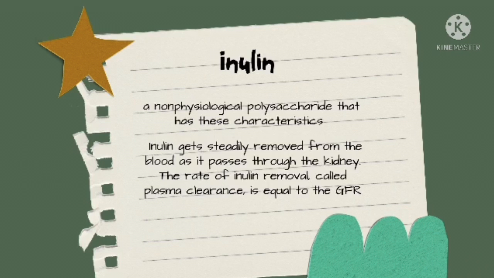As the filtrate forms, the filtrate has the same concentration of inulin as plasma. But as the filtrate flows through the renal tubule, none of the inulin gets reabsorbed, and thus the inulin gets steadily removed from the blood as it passes through the kidney. The rate of the inulin removal, called plasma clearance, is equal to the GFR.